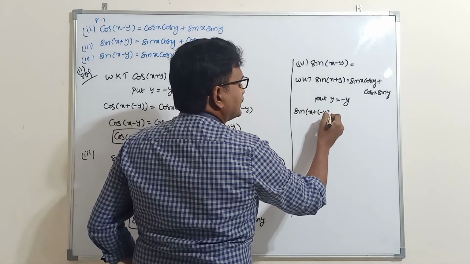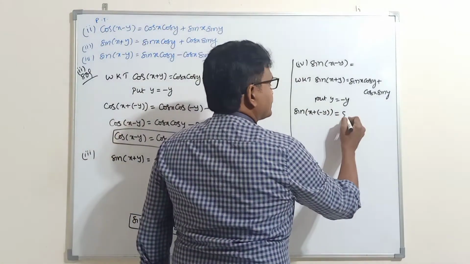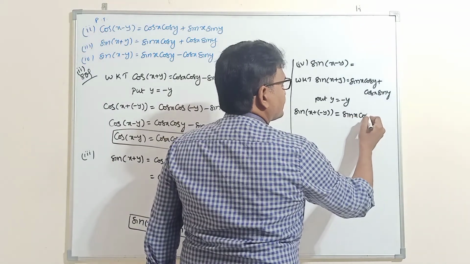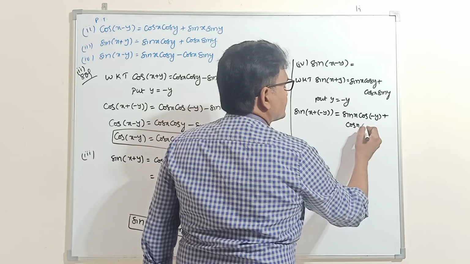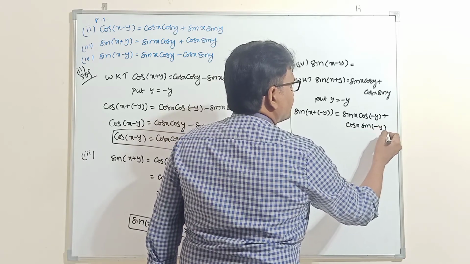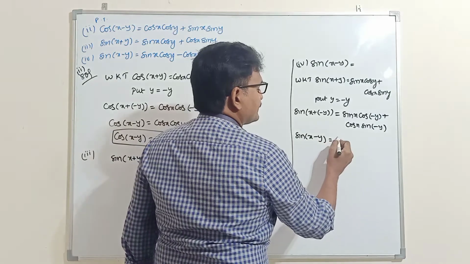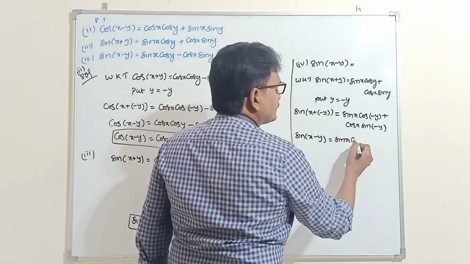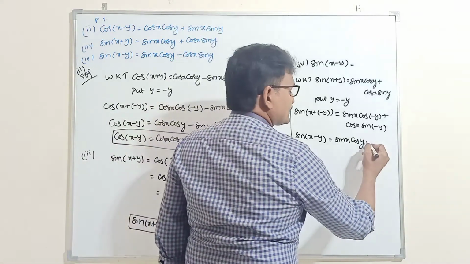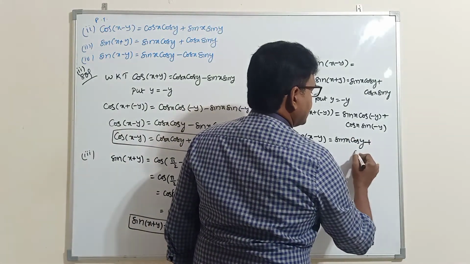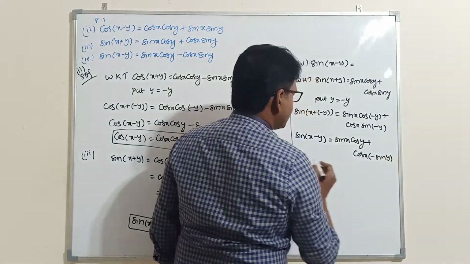So sin of x minus y is equal to sin x into cos of minus y, whose value is cos y, plus cos x into sin of minus y, whose value is minus sin y.